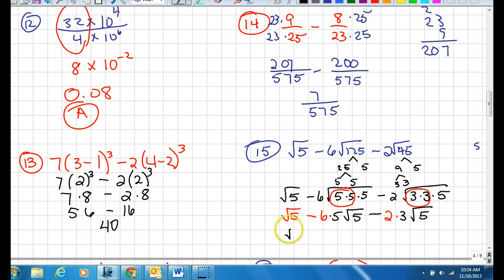So this will be square root of 5 minus 30 square root of 5 minus 6 square root of 5. And if I put negative 30 plus a negative 6, that's negative 36 plus a 1. So that ends up being negative 35 square root of 5.